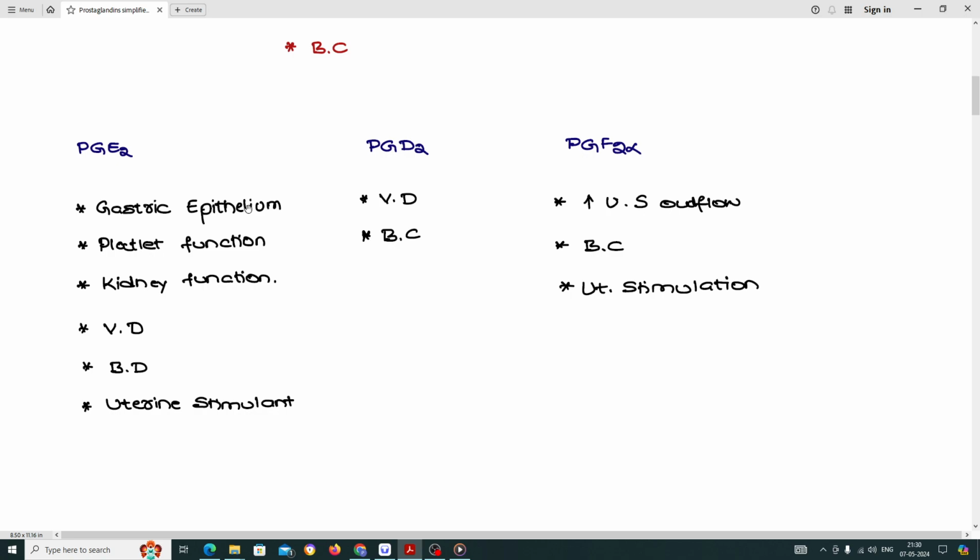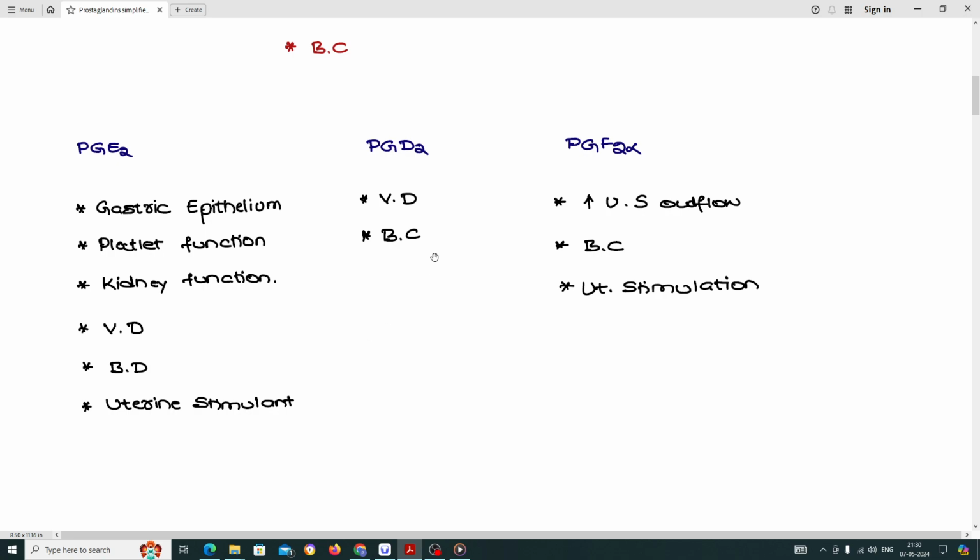On the blood vessel it causes vasodilation. On the bronchial smooth muscles it causes bronchodilation. So basically on the smooth muscles they produce smooth muscle relaxation, that way you're going to see vasodilation and the bronchodilation. But with respect to the uterine smooth muscles, PGE2 will produce uterine contraction.